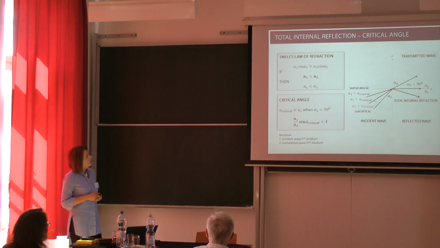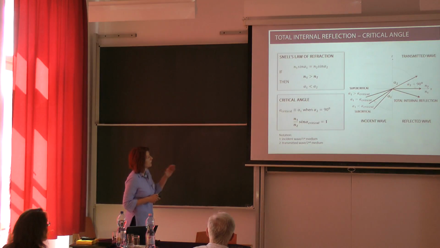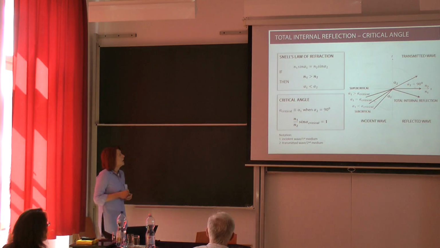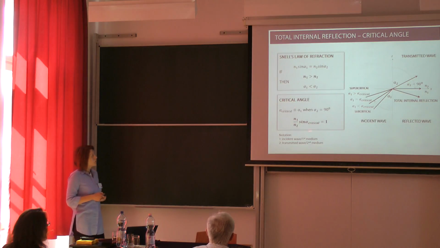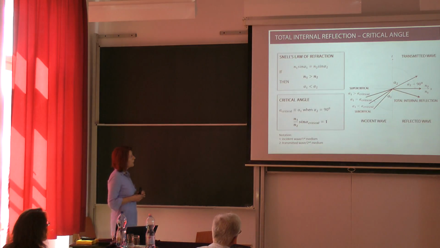And if we further increase the angle of incidence, we get total internal reflection, so the light is reflected from the boundary of the two media. And the critical angle, as shown by this equation, can be related to the refractive indices of the two media.